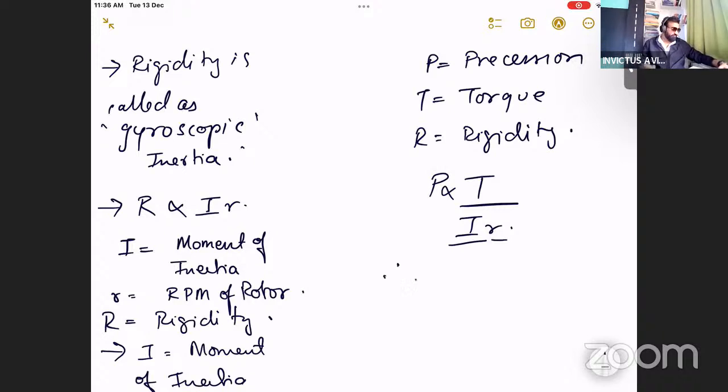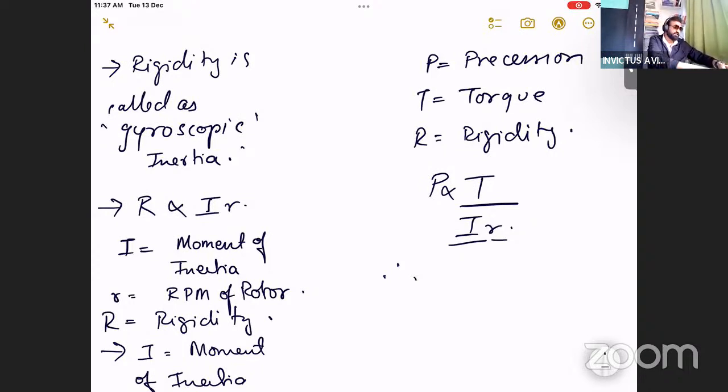So write down, therefore, the rate of precession. At what rate is my rigidity being impacted, or at what rate does the precession occur?